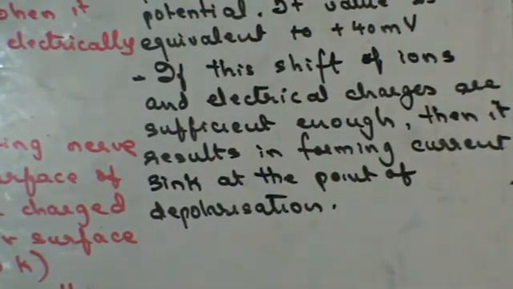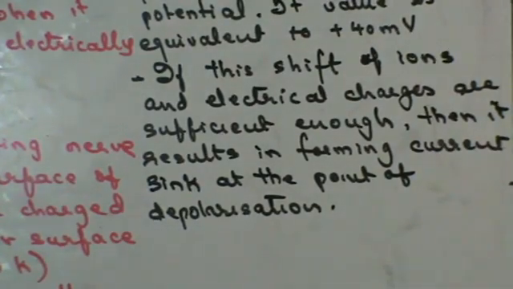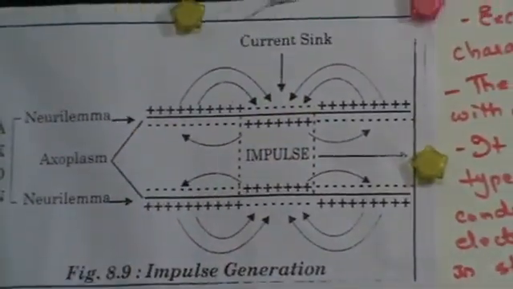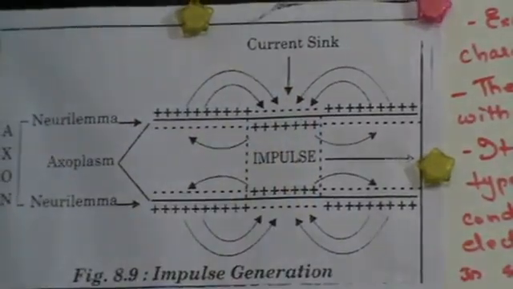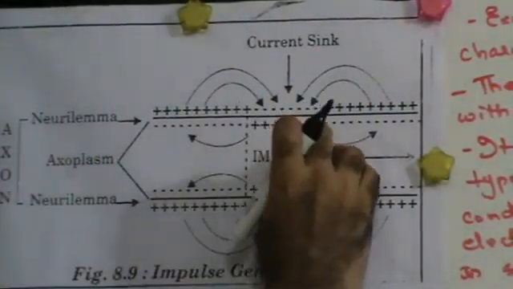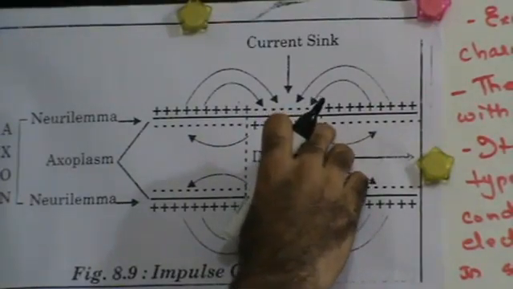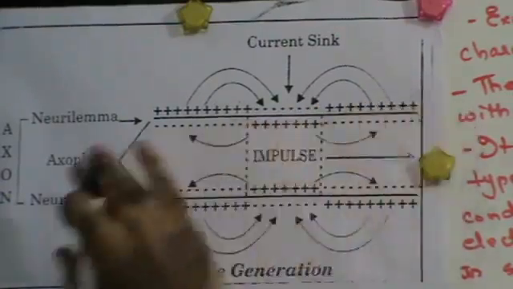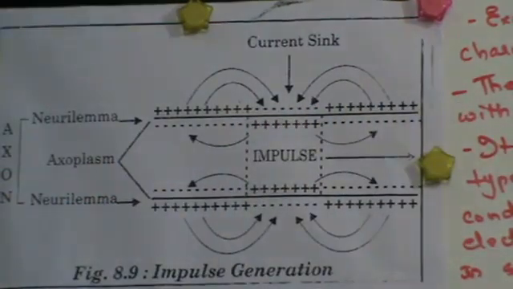Now, what is a current sink? You would have the membrane that would try to come back to its equilibrium position. So you would have the charges that would move down, and guys, can you just see this? These charges will move down and the impulse would then get conducted. Each positive charge would get attracted towards a negative charge, right? As a result, the positive charge is moving ahead and the impulse gets conducted.